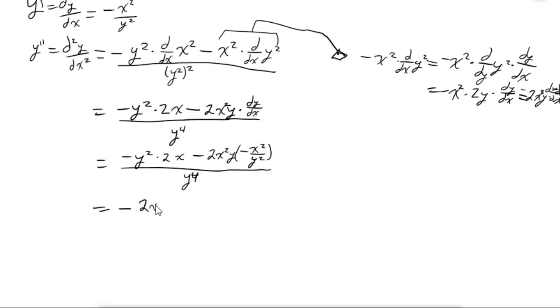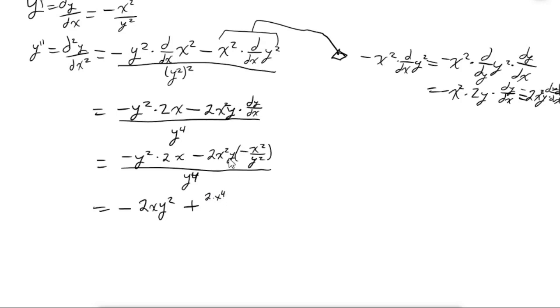So I'm going to rearrange because by convention we go in alphabetical order with our variables. And then we have 2x squared, or negative 2x squared, I guess I could say, multiplied by negative x squared. That's going to give me a positive 2x to the power of 4.